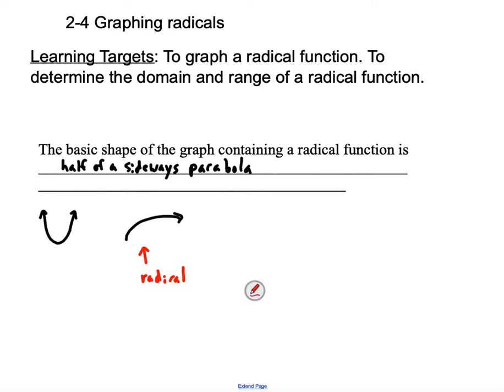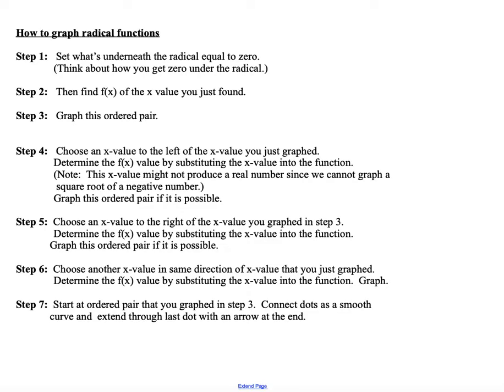Now it could also be this way, or it could be upside down. So those are all shapes of radicals, except that parabola. So how do we graph radical functions?